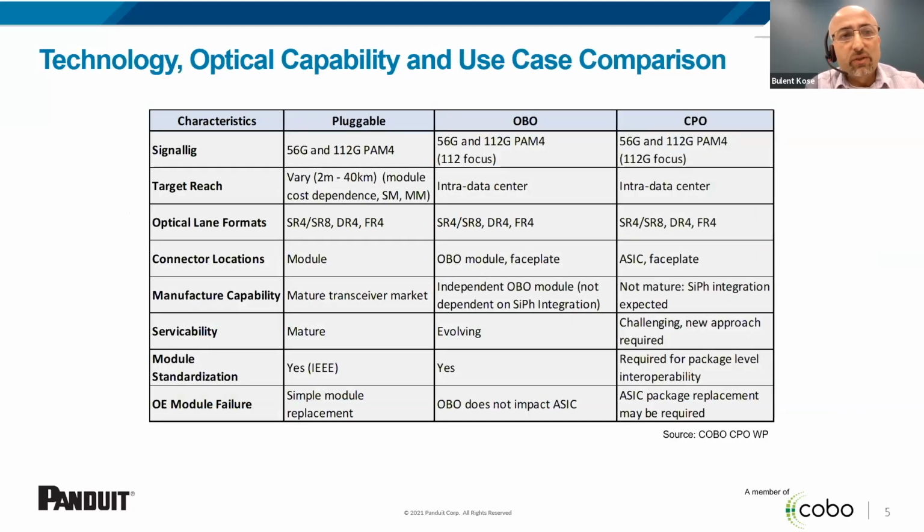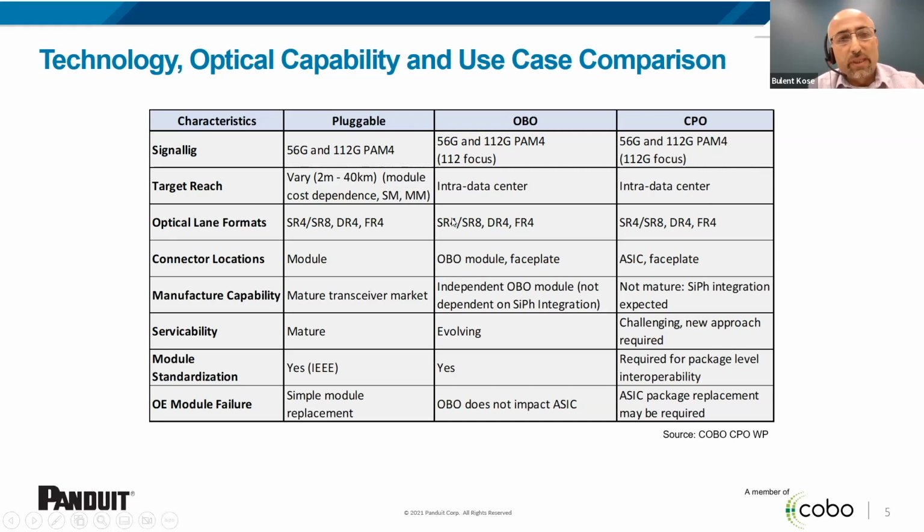So now I would like to, again, compare pluggable, onboard optics and CPO options in terms of technology, applicability, and some others like serviceability. First of all, let's go through some of the key ones very quickly. For signaling, they use the same signaling.